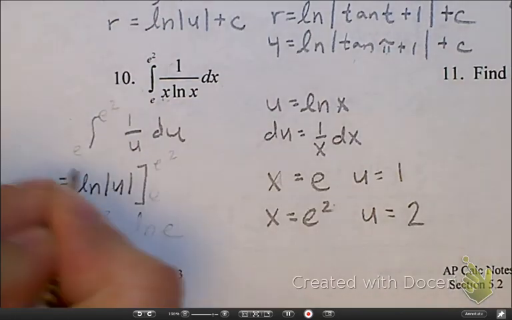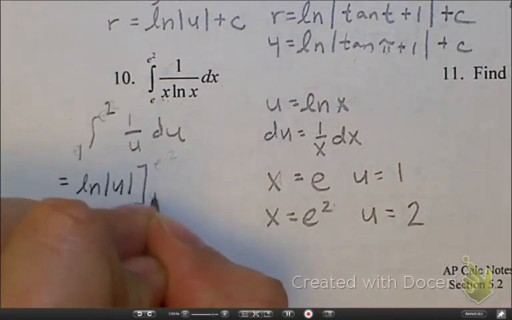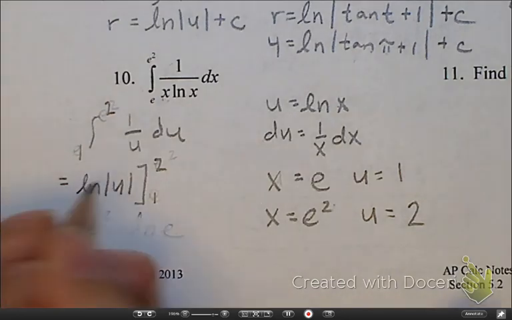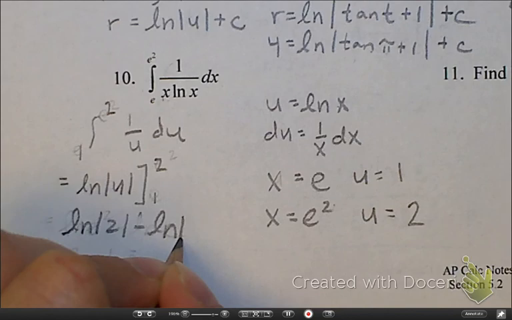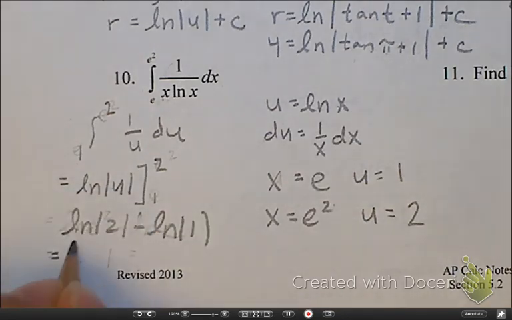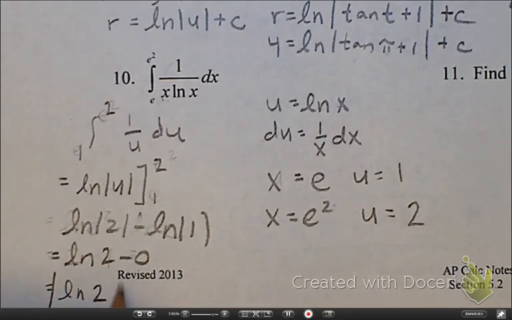So this is going to be from 1 to 2, from 1 to 2. So ln of 2 minus ln of 1. That's much better. So this would equal ln of 2 minus 0, which is just ln of 2. My bad, didn't mean to mess you guys up on that change of limits.